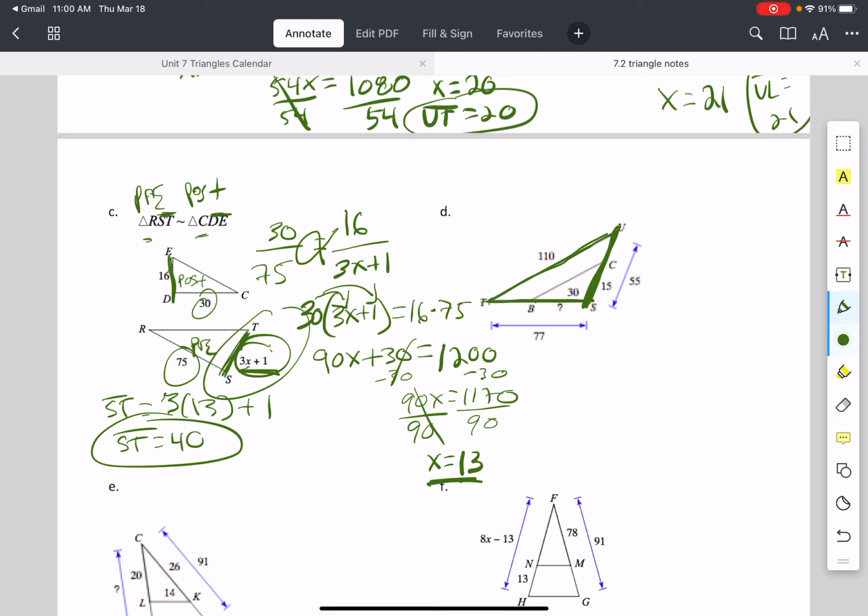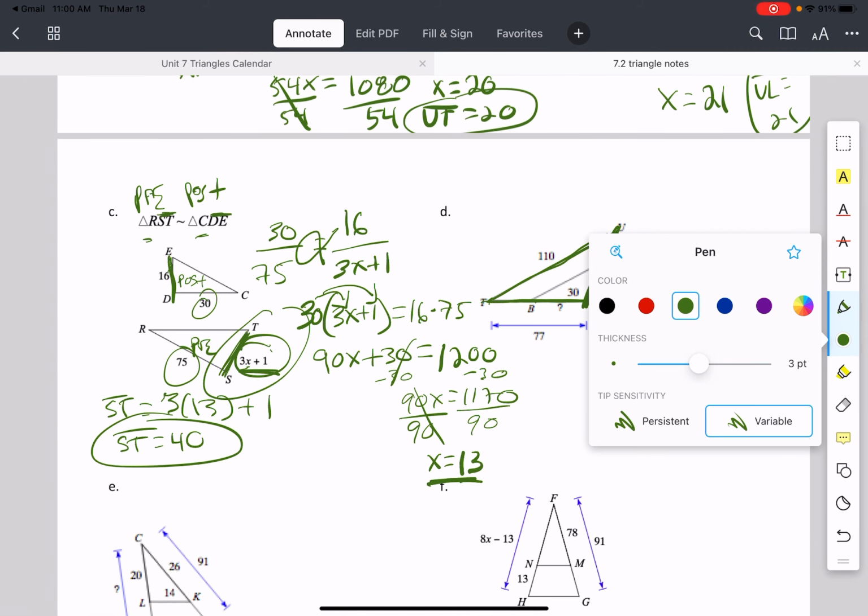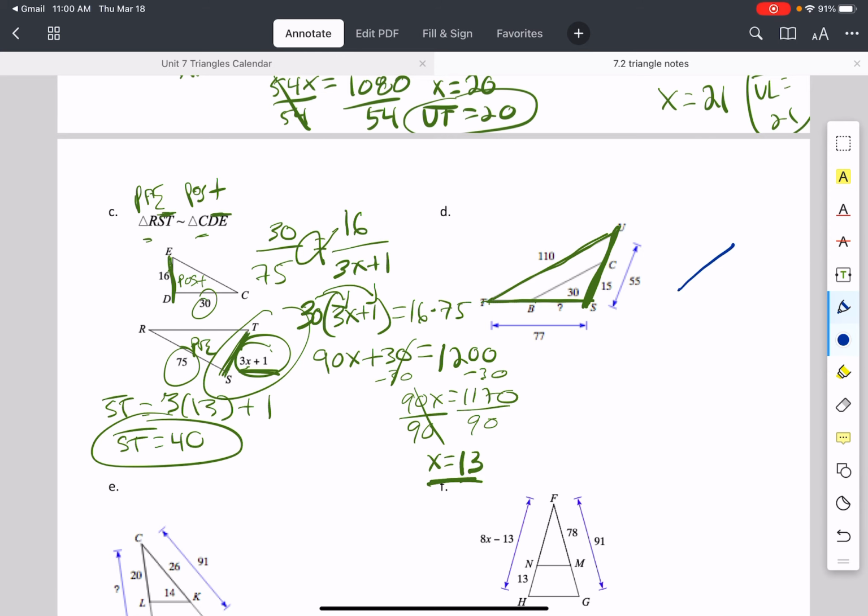Now sometimes it's hard to visualize, so sometimes what I like to do is to take the little triangle and just do a picture of it real close so that I don't have to match up my numbers and stuff, right? So that kind of helps me visualize it a little bit better.